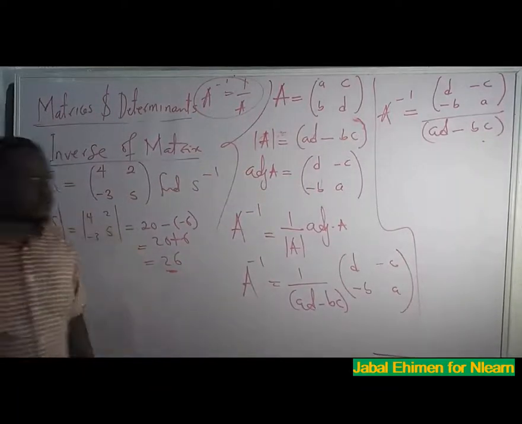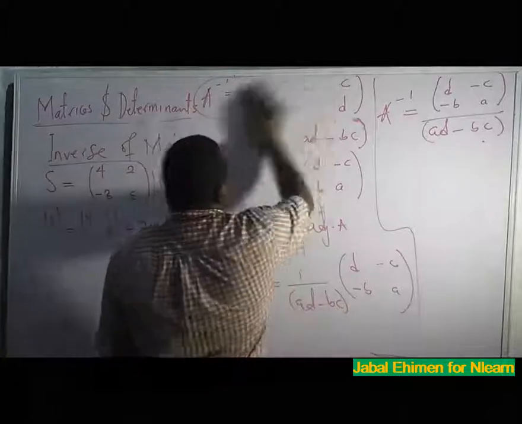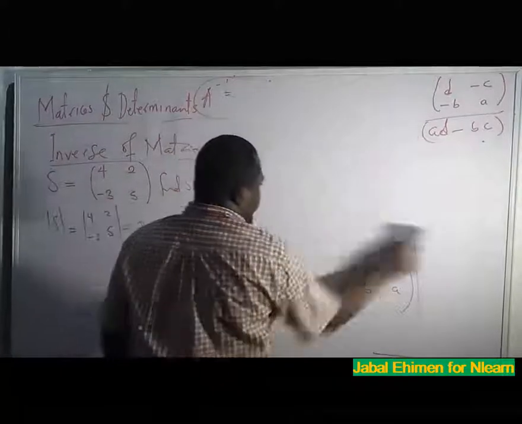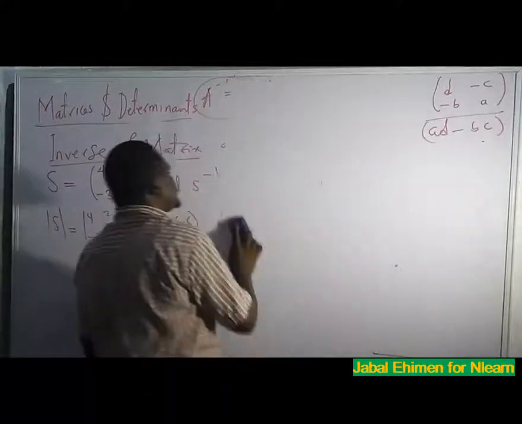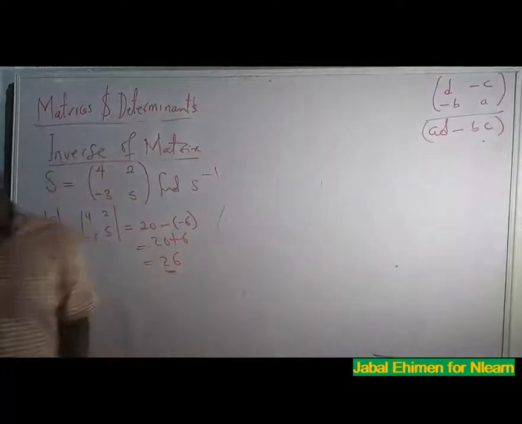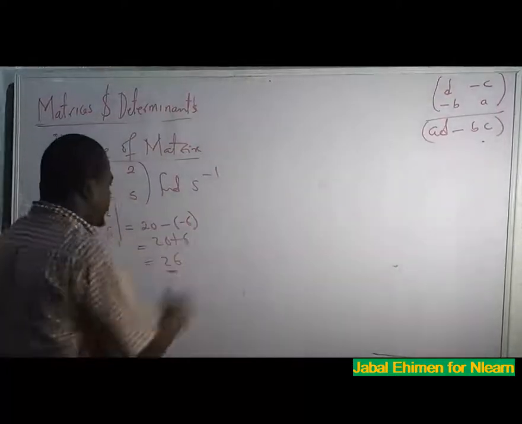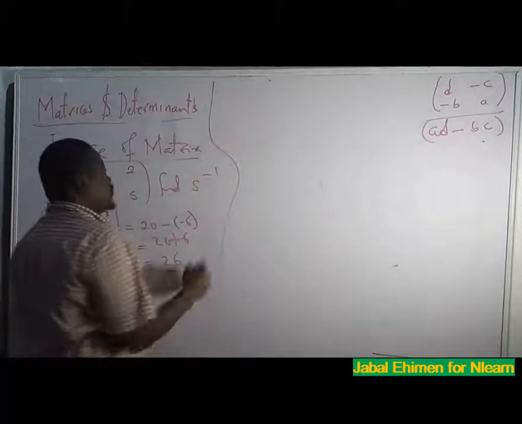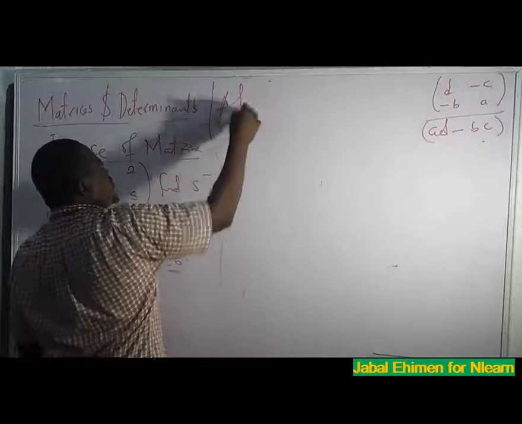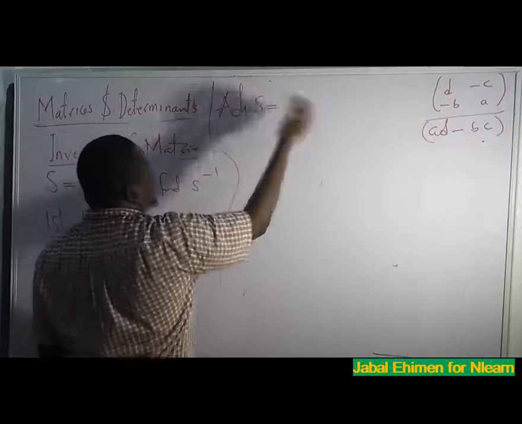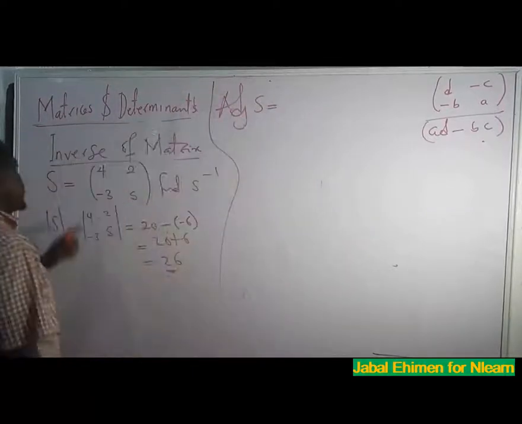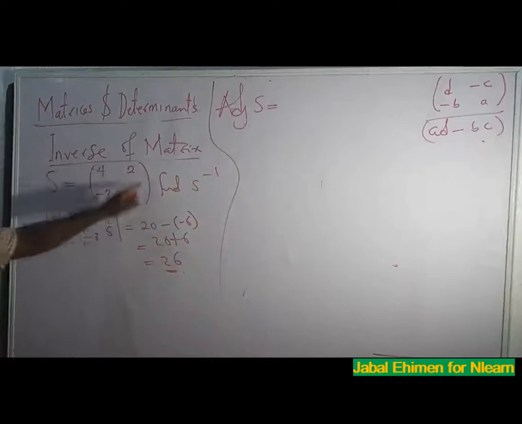If that is 26, then the next thing we are going to find is the adjoint. And how do we do that? Finding the adjoint is very simple. The adjoint of S: you bring the values, 4, minus 3, 2, 5.